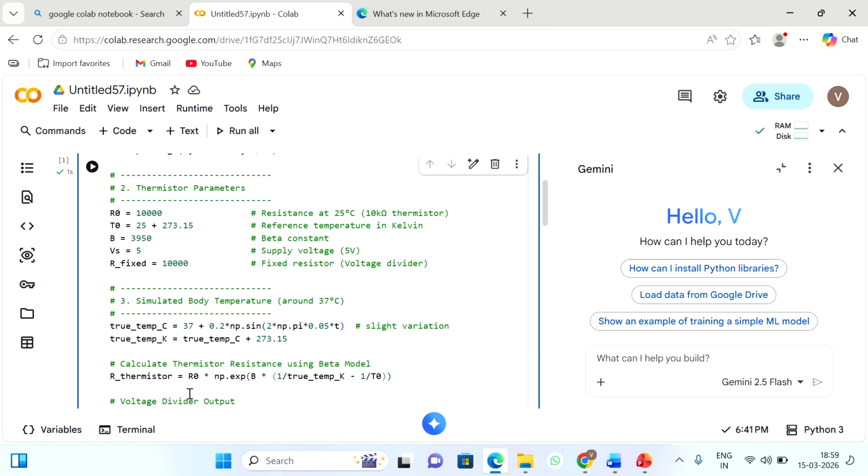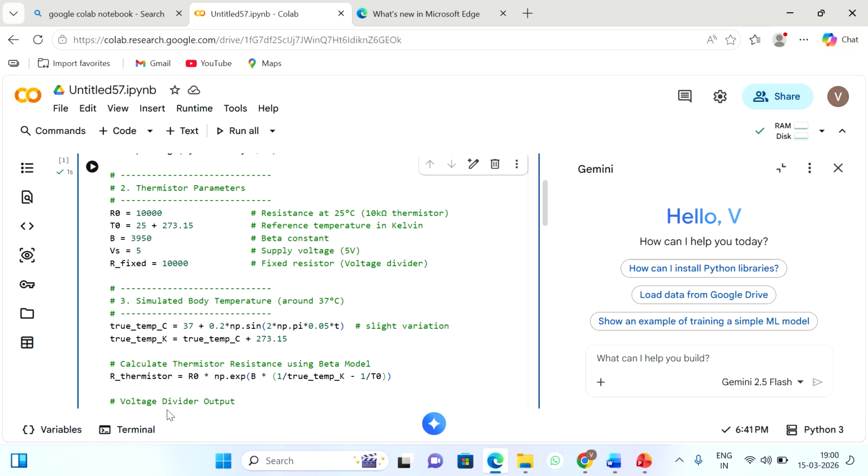Then calculate thermistor resistance using the beta model. So R_thermistor is equal to, so that is the formula, R naught times np.exp, that means e power B into 1 by true_temp_Kelvin minus 1 by T naught. Now, how will it be rewritten?